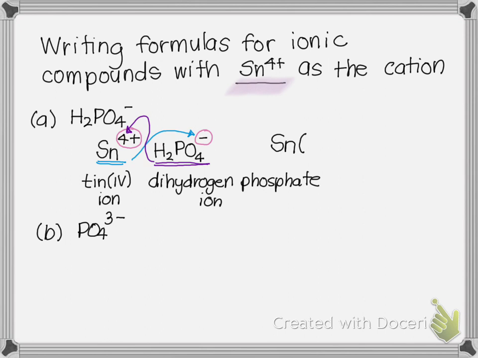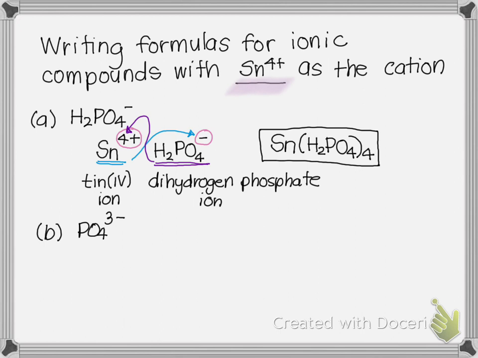And when you have polyatomic ions that you require more than one, you put a parenthesis. So I write the whole thing in the parentheses, and then I needed 4 of them, and so I'll put a 4 on the outside of the parentheses.